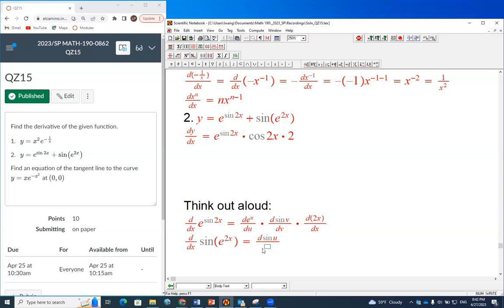So with respect to u, and then du with respect to dx. And u is e to the power 2x. But e to the power 2x is still a composite function. So you can make 2x to be v.